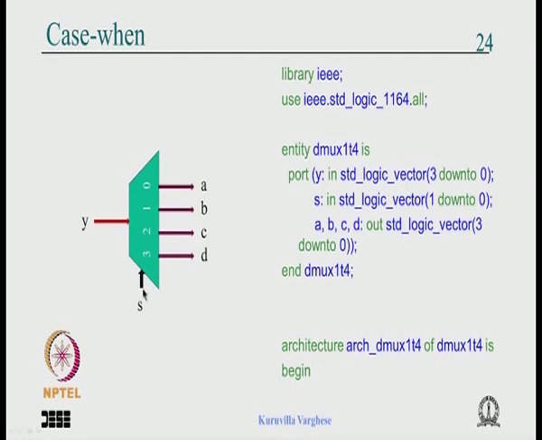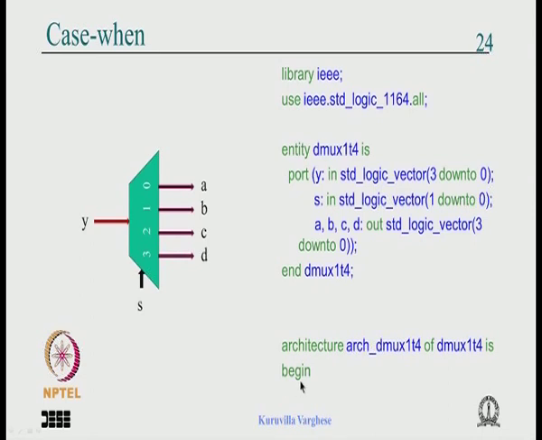For 4 outputs you have 2 select lines, so S is an input, again standard logic vector 1 down to 0, and A, B, C, D are outputs, each of which is standard logic vector 3 down to 0. So that completes the entity. In the architecture you give a name, and we do not have anything to declare because it's very simple: 2 inputs, 4 outputs, that is all.